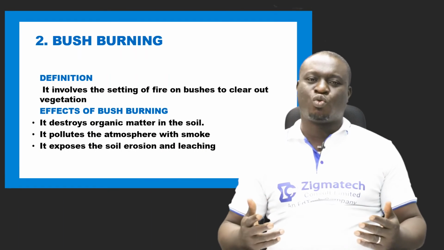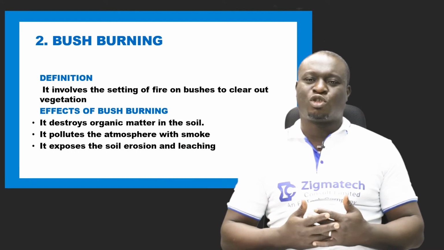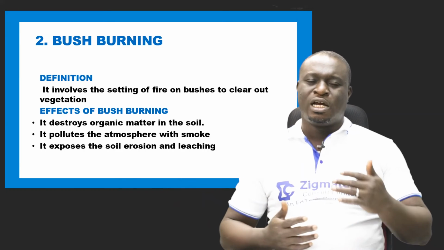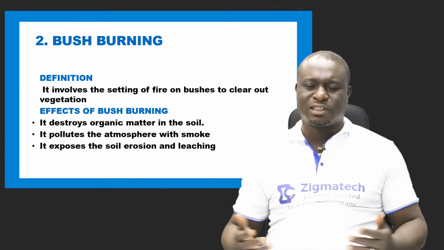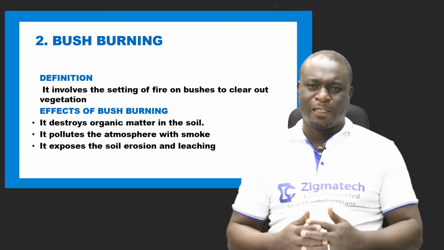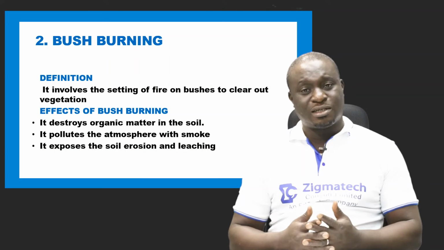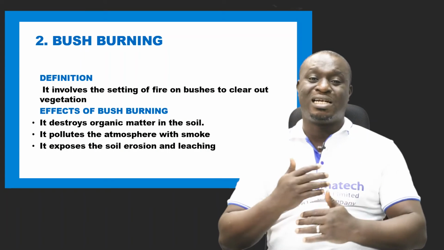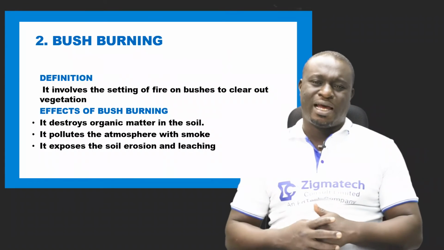So one of the best ways they feel they can clear out vegetation in order to carry out farming practices is bush burning. Yes, it is very fast, but it has several negative effects on the ecosystem.